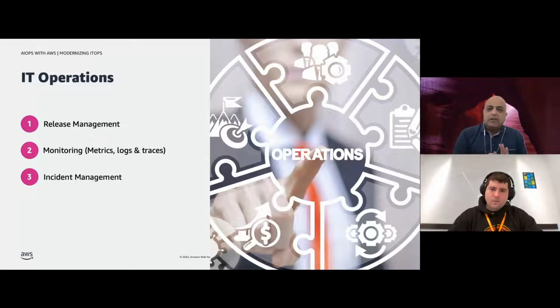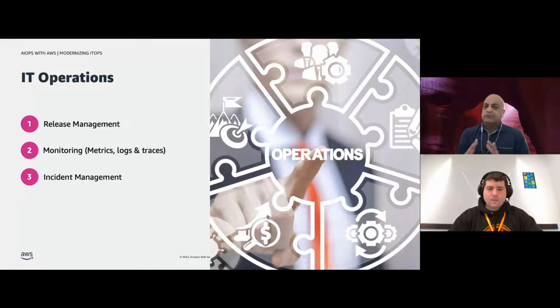Once released, there's that traditional monitoring on infrastructure and applications, right? This includes all your applications and resources, the events, traces, metrics, log data, and all this covers both, right? Cloud and on-prem potentially as well. And then last, there's that incident management category as well, right?